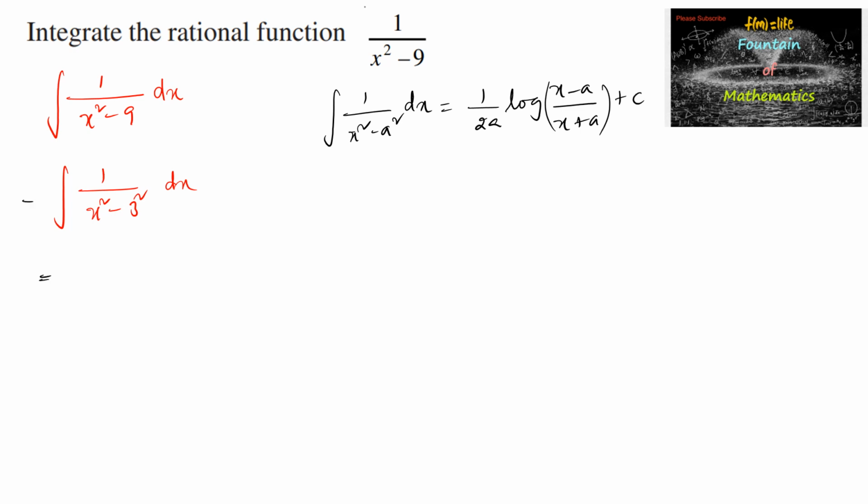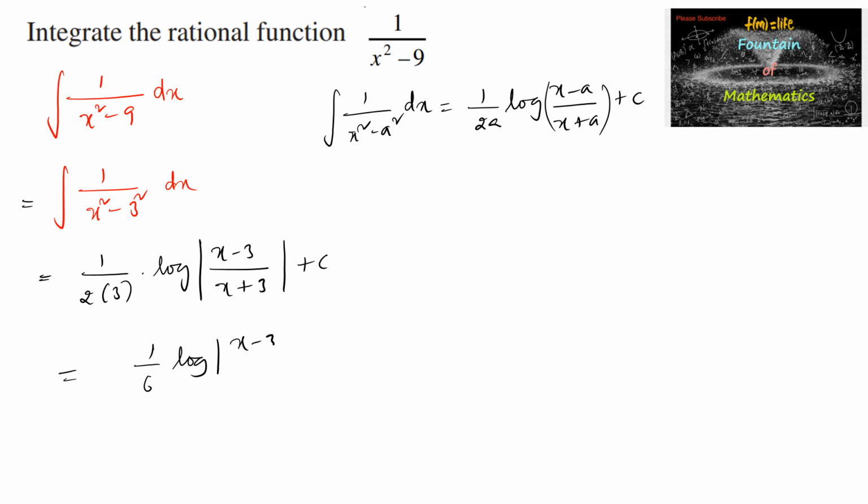So we can write this as 1 by 2 times 3 log mod of (x minus 3) upon (x plus 3) plus c, that is 1 by 6 times log mod of (x minus 3) upon (x plus 3) plus c is the answer.